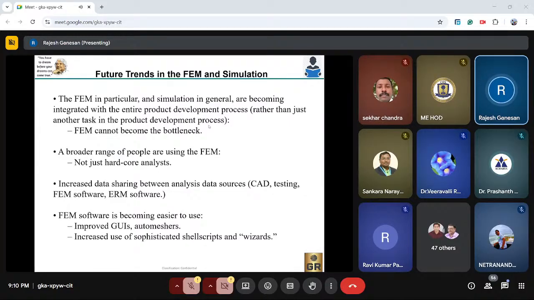Instead of going through all the analysis and getting the result to finally say this design is safe, by using SimSolid I am simplifying the analysis. That is called improved GUI, graphical user interface, which is much easier to understand for the people who are working in analysis.